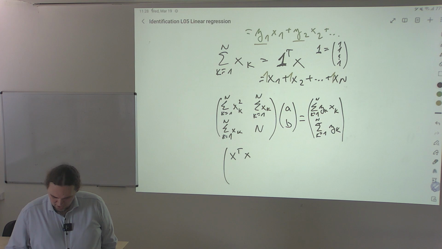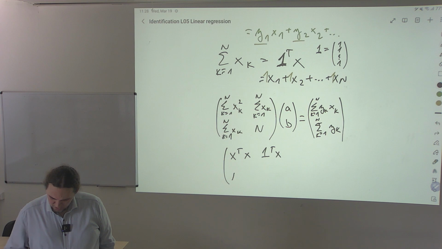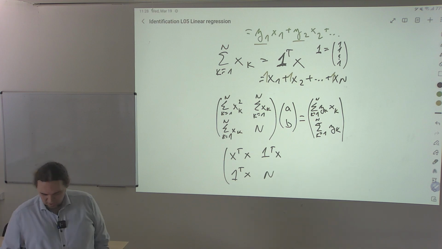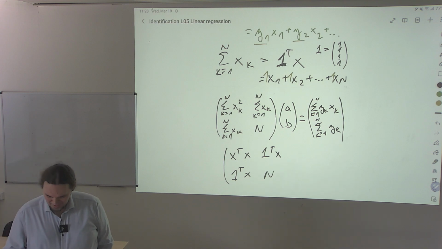The sum of the xk's is this one here, in the second row of this matrix. We can keep just the capital N. It's capital N, not A. A times B.